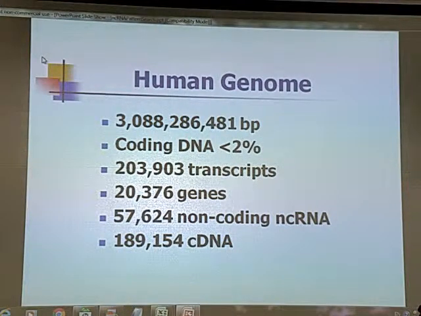So the human genome has 3 billion base pairs, and less than 2% is coding DNA.